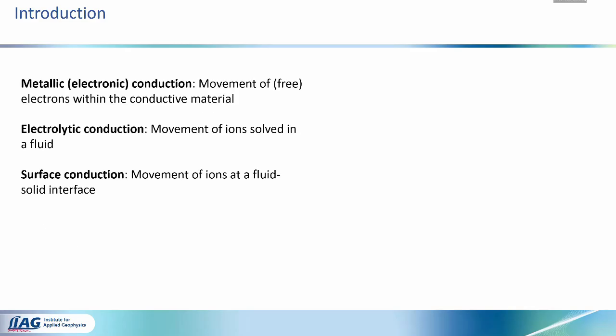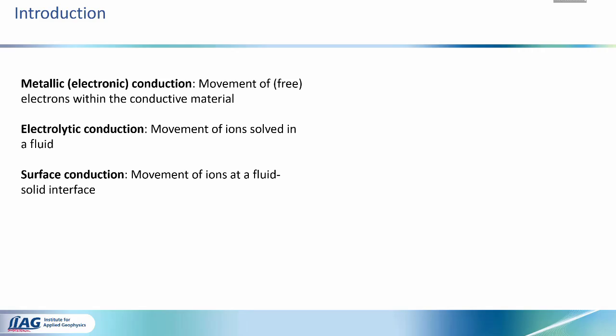Okay, so what causes this conduction? These are basically 3 things that we have to distinguish. The first thing is metallic conduction, and that is the movement of free electrons in this conductive material. That's what I'm talking about, metals. Like the copper case, they have electrons flowing in the material, transporting the charge.